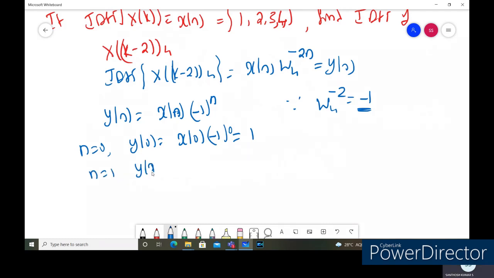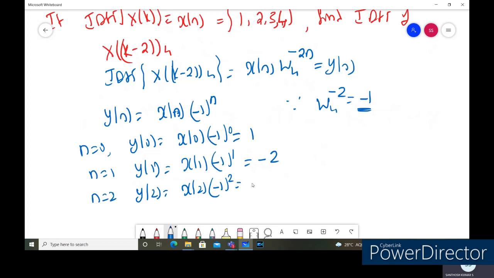When I substitute n equal to 1, y of 1 is equal to x of 1 into minus 1 to the power of 1, which becomes minus 2. Similarly, when n is equal to 2, y of 2 is equal to x of 2 into minus 1 to the power of 2, so we get the same, 3.